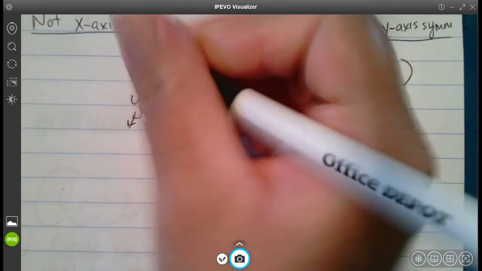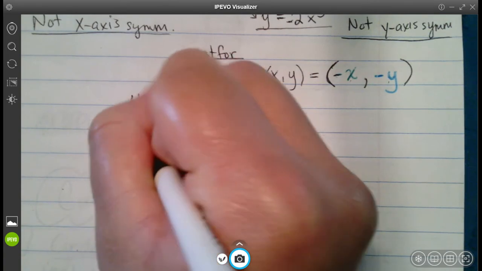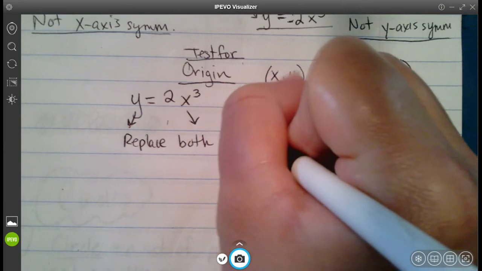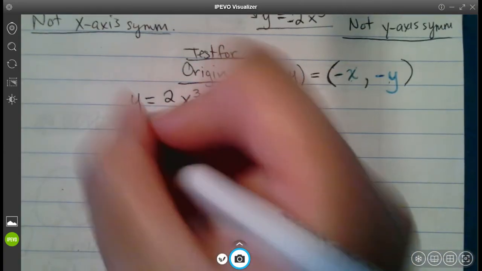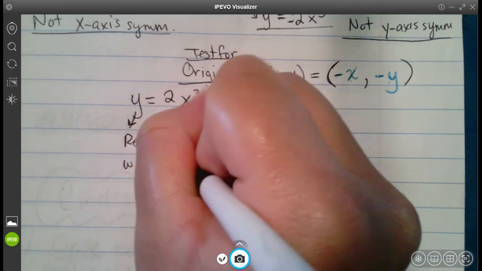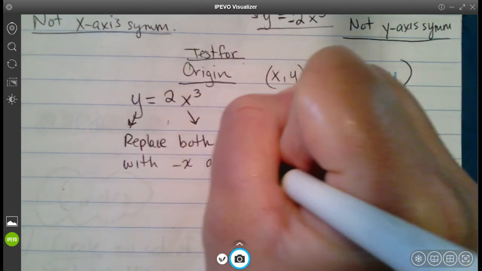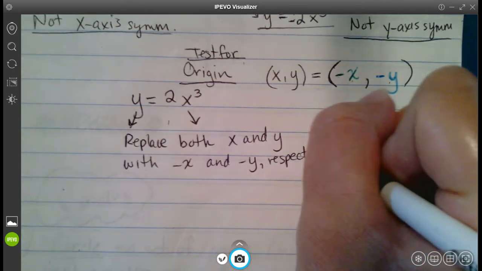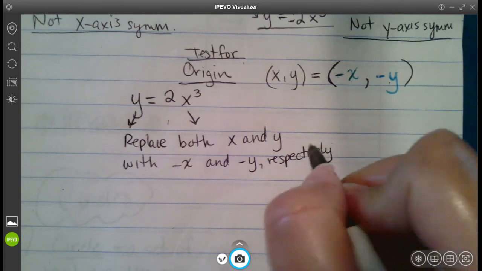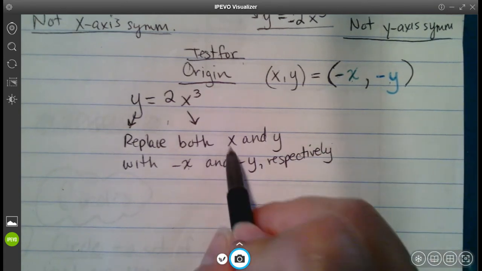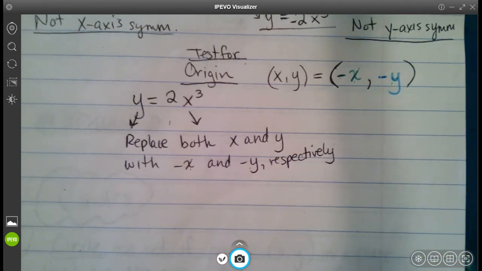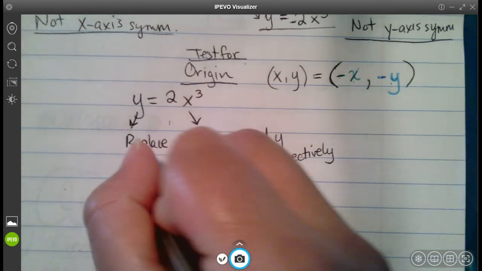And we're going to replace both x and y with negative x and negative y respectively. And that word respectively just means I'm going to replace x with the first one, negative x, and y with the second one, negative y. They match up with each other. Okay, so let's go ahead and do that.